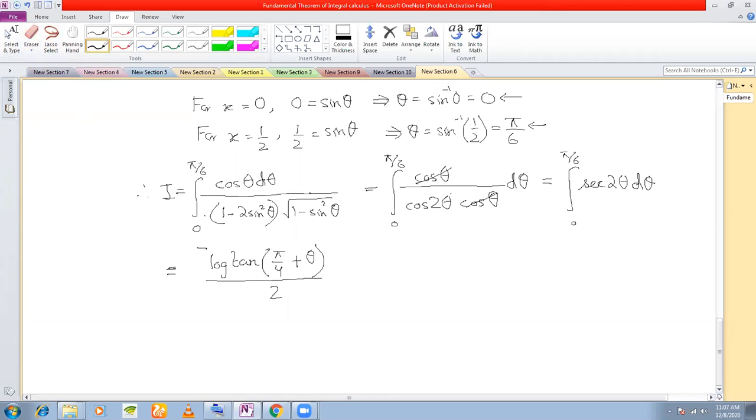That means this needs to be evaluated between what limits? 0 to pi by 6. So now we evaluate this, take half outside, it will be easier to evaluate.